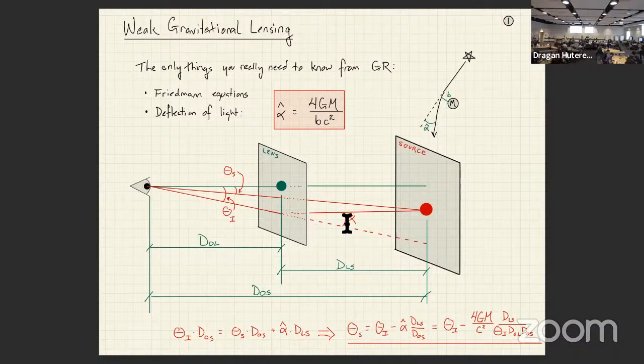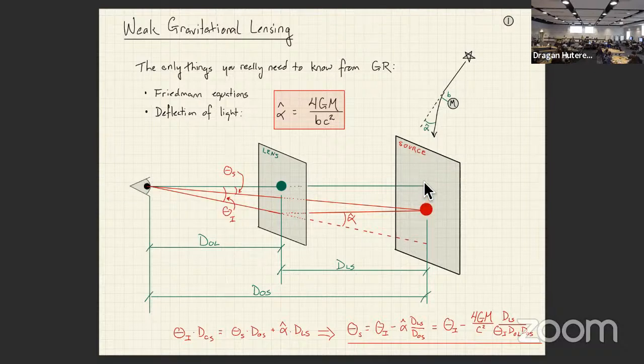So in lensing lingo, the I and the S are for image and source planes all the time. Now, we can figure out the relation between the actual bend angle and the apparent one. The apparent deflection angle we'll get to in a second, but there's a relation that we can build here, which is that the distance from this point here to this point down here, we can come up with two ways. It's either theta I times the distance from the observer to the source by this triangle, right?